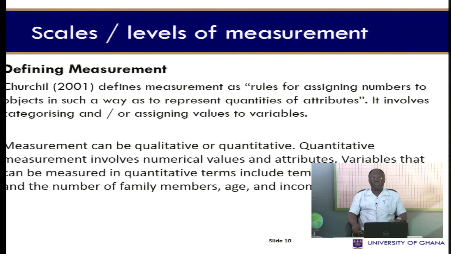So measurement involves categorizing and/or assigning values to variables. Measurement can be quantitative or qualitative. Quantitative measurement involves numerical values and attributes. Variables that can be measured in quantitative terms include temperature, IQ scores, the number of family members, age, and income.